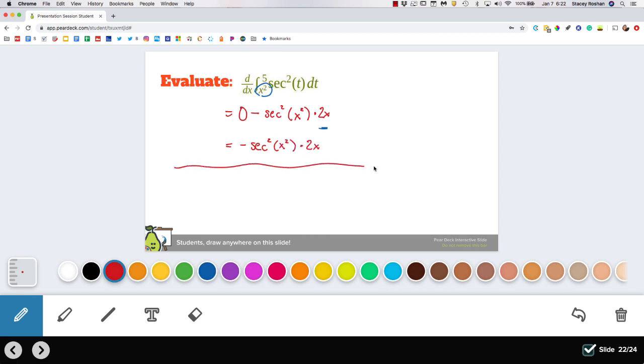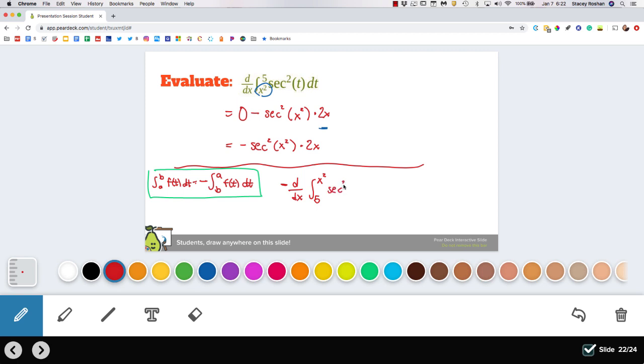And the other way to think of that is to rewrite this. Remember that the integral from a to b of f of t dt is the same thing as negative integral from b to a. So let's just remind ourselves of that. And so you could flip this over and write it the way you normally see it, with the 5 on the bottom and the x squared on the top, if you take the negative out, right? Because it's the opposite.